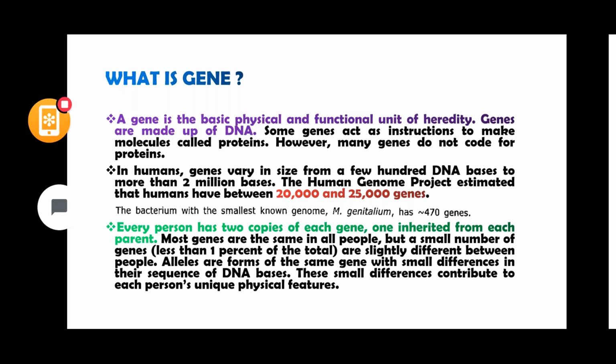In humans, genes vary in size from a few hundred DNA bases to more than 2 million bases. But this size does not depend upon the sequences which synthesize protein.